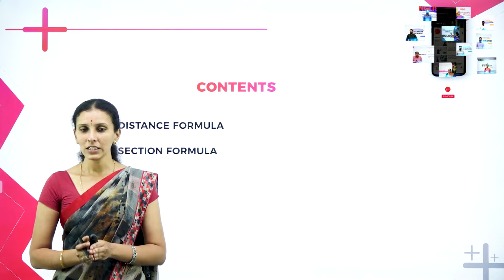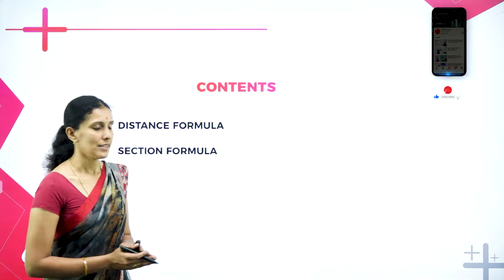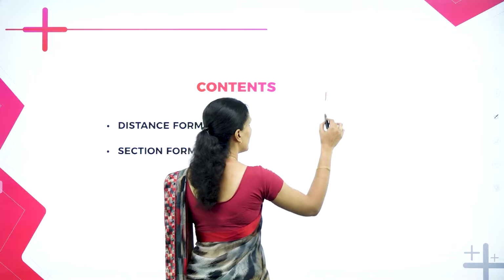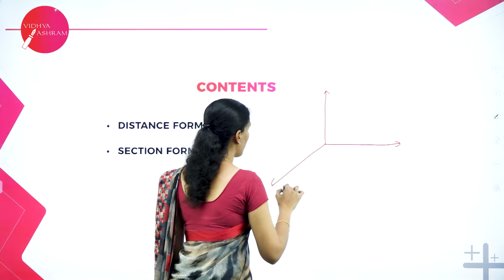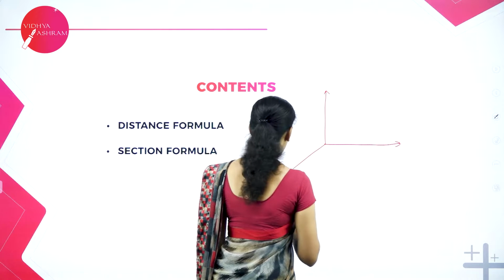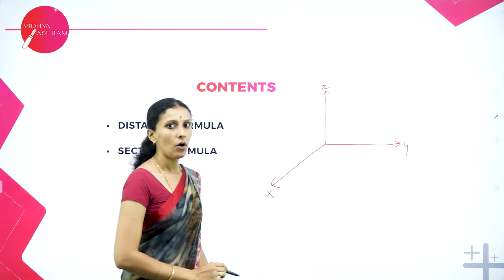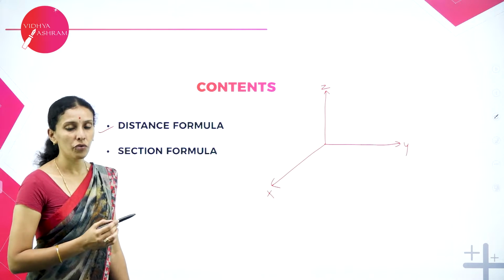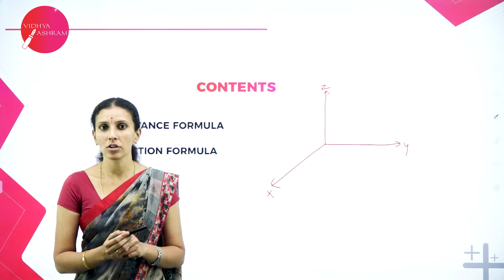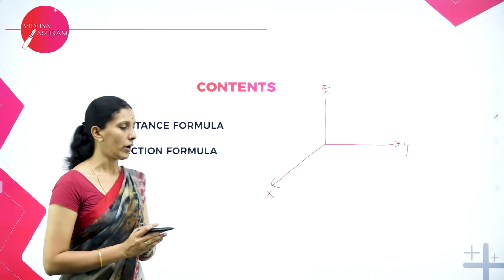So we have learnt the coordinate planes in three-dimensional. That is, we have learnt representing any point or any plane in a three-dimensional way. So now we have also learnt how to derive and how to find the distance of a point from the origin or distance of any 2 points.